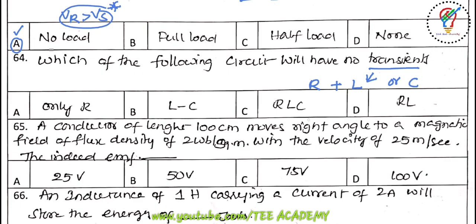So no transients means the correct option has only resistance. LC is the wrong option because of the energy storage elements. RLC also has energy storage elements, and RL also. So the correct option is R.